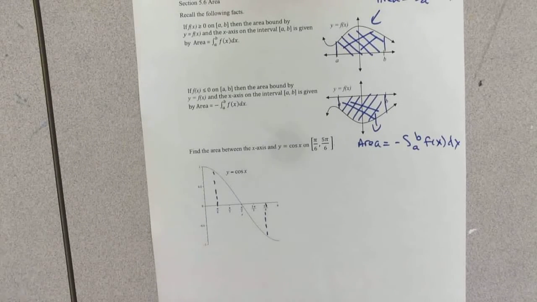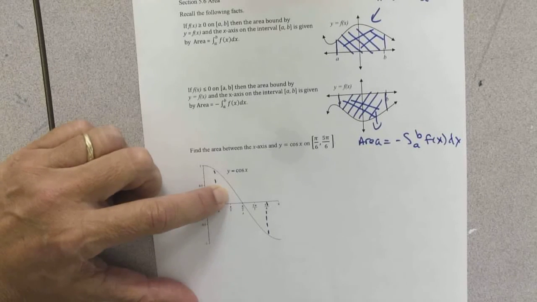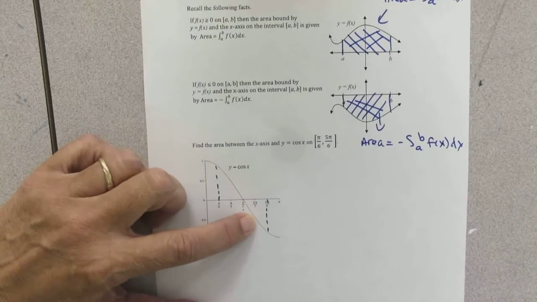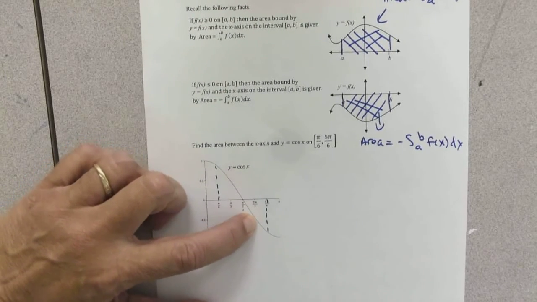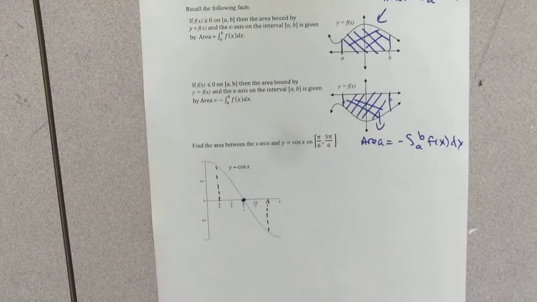So to find the area on this problem, it's going to take two integrals: one for the region that's above the x-axis, and one for the region that's below the x-axis, where everything is changing right there.